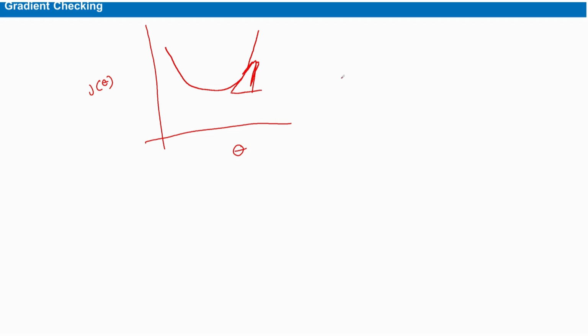So in gradient checking, what are we checking? They make an assumption: if your backpropagation is implemented correctly, then the derivative of the cost function is nearly equal to this particular slope.